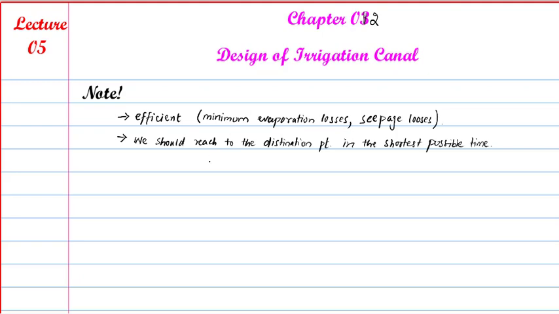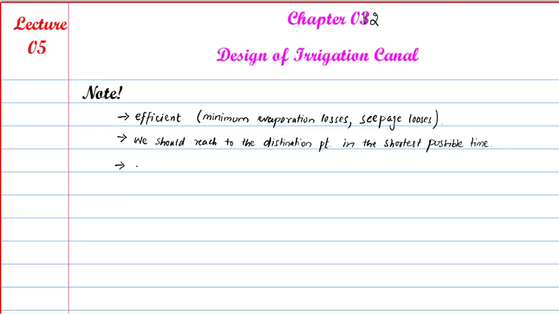Like from source to the field, if we want to provide water to the field from the source, then we will design the canal in such a way that it should take the shortest possible time. So for that we also need to do the proper designing. So actually we are discussing the importance of designing any sort of canal.